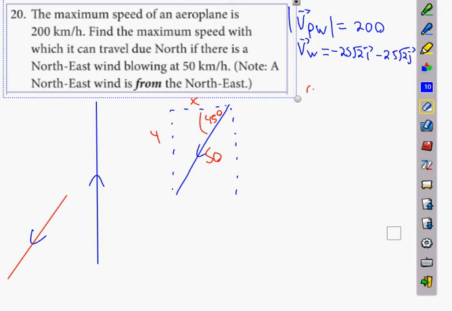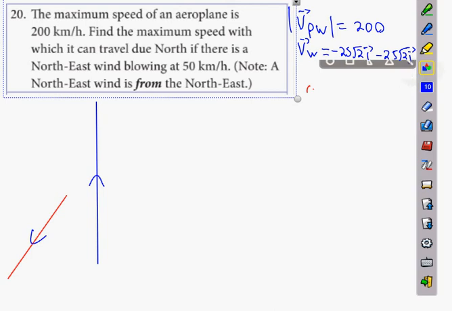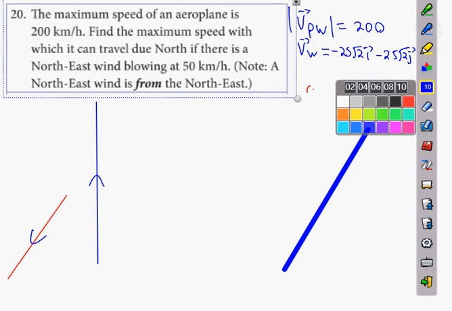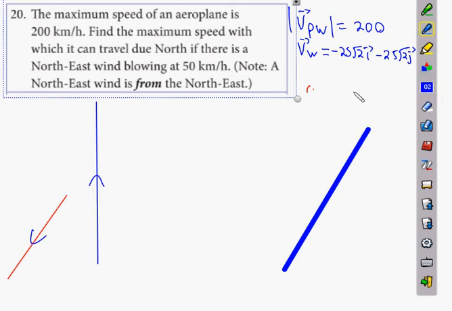What we can do next is, we need to go in such a direction that it combats the wind's direction. We want to go straight up.